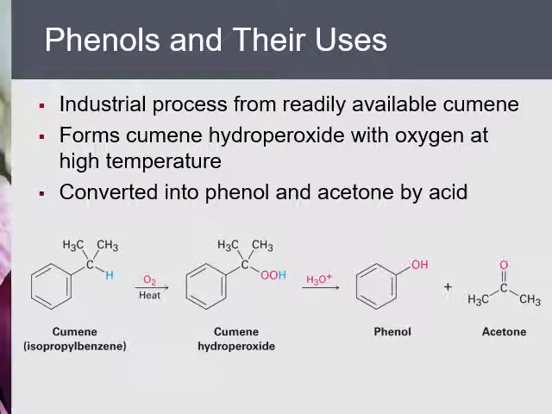Phenols are similar to alcohols. The industrial process to synthesize phenol starts with cumene. Cumene is oxidized by oxygen to form a hydroperoxide, which when treated with acid solution gives you phenol and acetone.